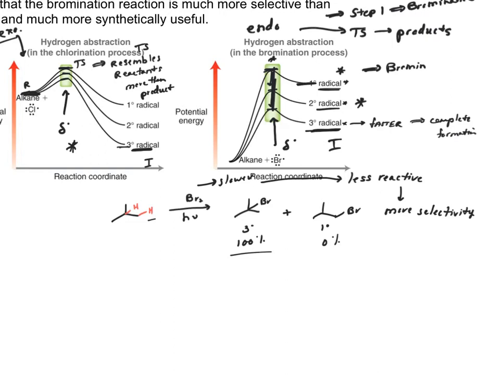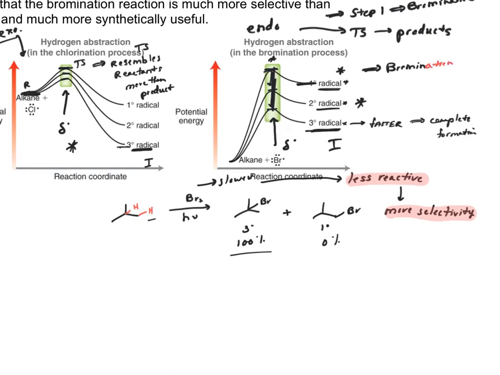And this is going to be kind of an overarching theme that we're going to find in a lot of our reactions: the less reactive the reaction, the more selectivity we gain in being able to control the products that we actually get out of it, the product distribution, okay? So, again, I think I meant bromination up here.